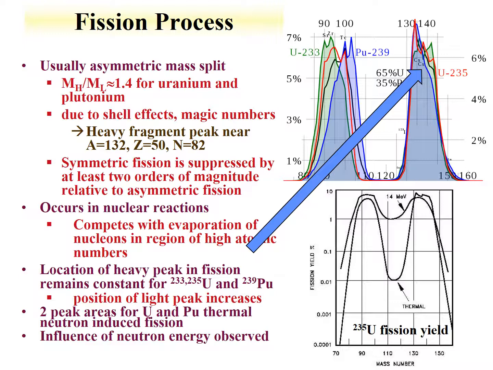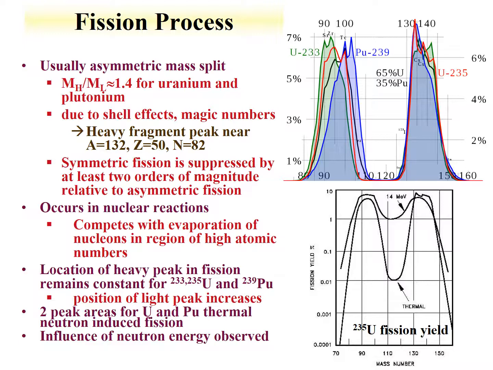In nuclear reactions, this can also occur, and the fission will compete with evaporation of nucleons in the region of high atomic numbers. So in other words, if you make an isotope from a nuclear reaction, it can undergo fission once it's formed as opposed to de-excitation by, for instance, emitting neutrons. We'll discuss this a little bit more when we talk about nuclear reactions.